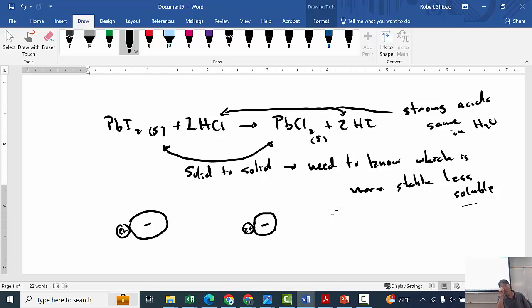So you could have tried to do some additional analysis here. Based on size, which one do you think would be harder to break apart, a lead ion from an iodide or a lead ion from chloride? Which one do you think would be harder to pull apart? The bigger one? Why? Well, the first thing is we have to understand what holds them together. What holds these two together?